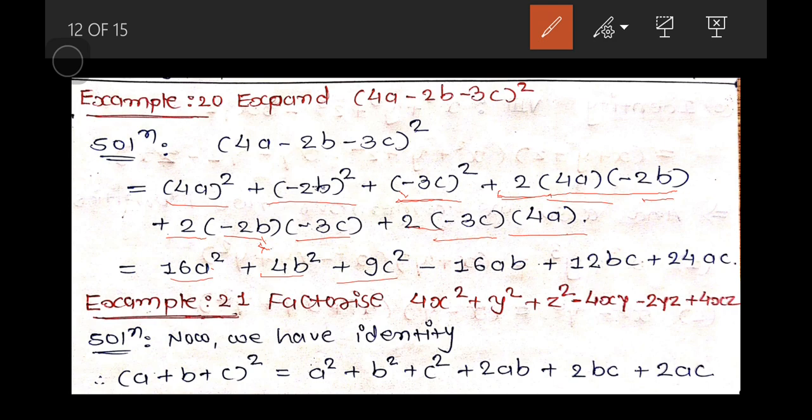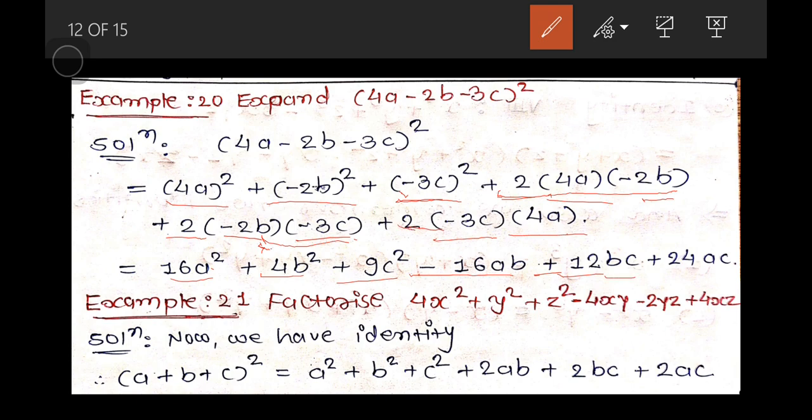Taking the multiplication of this product, we get minus 16ab. About this product, we can multiply 2 into 2 into 3, that is 12, and minus minus will be plus, and the b and c variables are as they are.